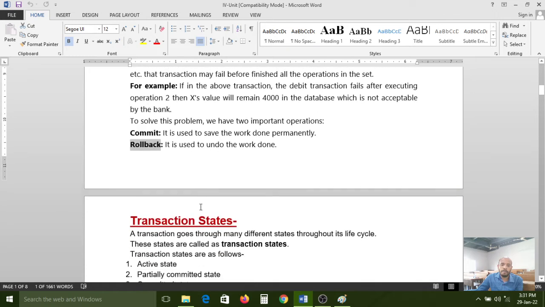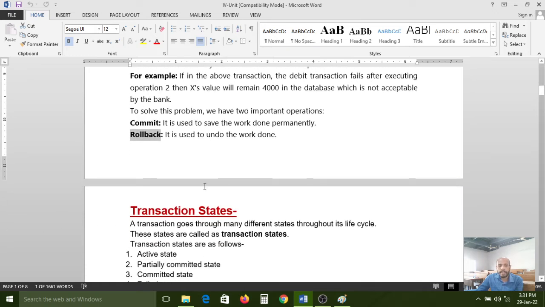In the previous classes, we have already discussed the commit statement and rollback statement. These two commands are used to maintain the transaction in a permanent state. If the transaction is successfully completed using the commit statement, it is used to save the work done permanently in our database.